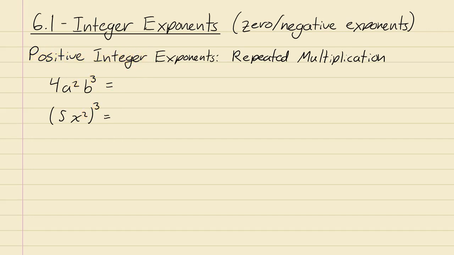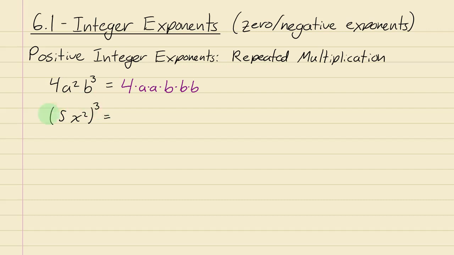So if you have an exponent of 2, it just means multiply something by itself 2 times. So really, 4a to the power 2 times b to the power 3 is just a shorter way of writing 4 times a times a times b times b times b, like so.